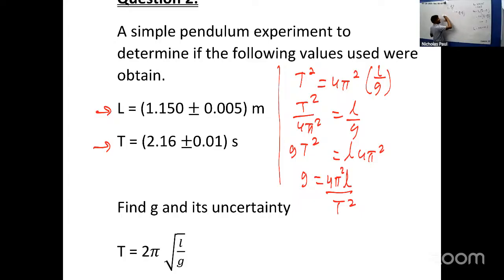So we're heading at that. Yeah, 9.7. No, wrong. Right? So we have G is equal, I'll go on it online, I'll show you that now. Check out your workings. L is 1.150.